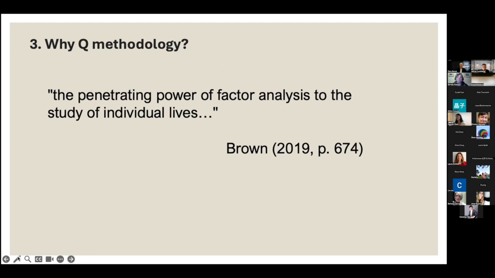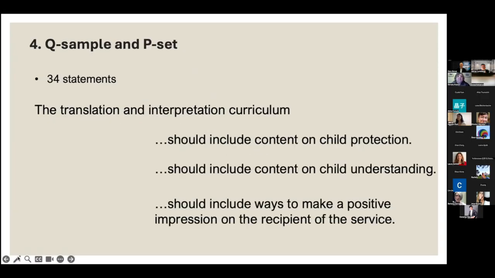This is why Q methodology was used, asking the same participants to sort the list of statements twice, once from their perspectives as interpreter and the other as migrant's wife. The Q sample consists of 34 statements, examples of which are as follows.